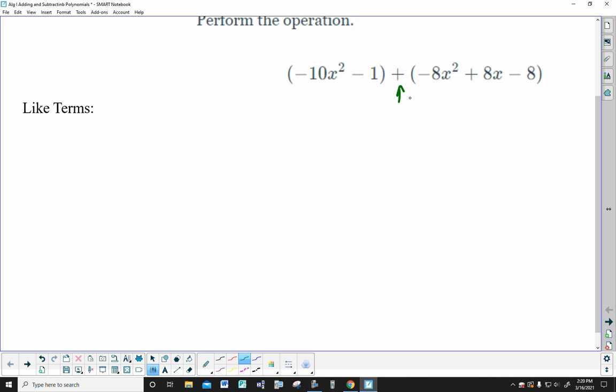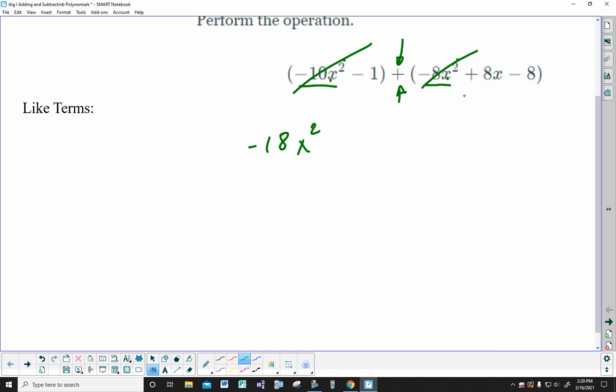You're going to be adding here. When you're adding, none of these parentheses matter. Negative 10x squared is being added to negative 8x squared. They are like terms, same variable, same exponent. So you just add the coefficients. So that'd be negative 18x squared. Okay?